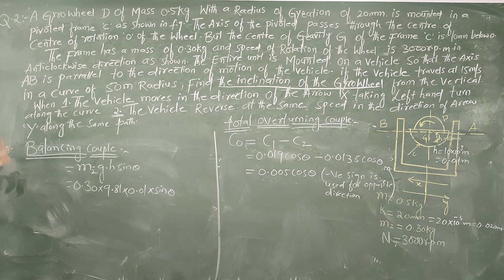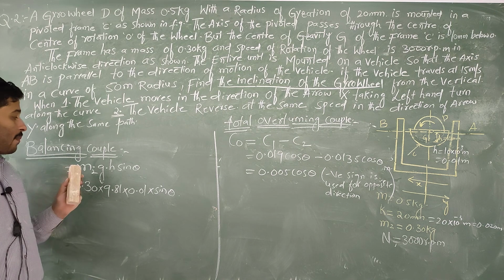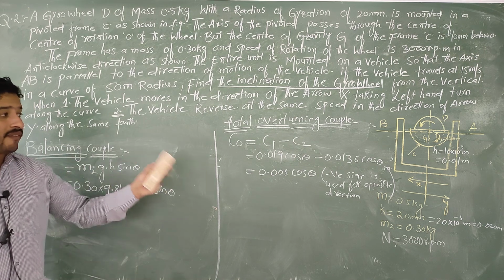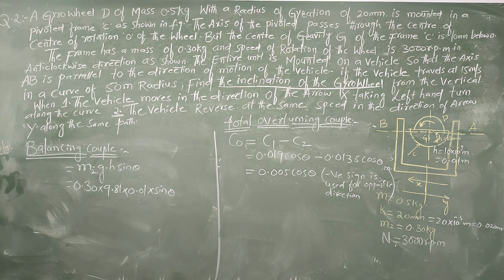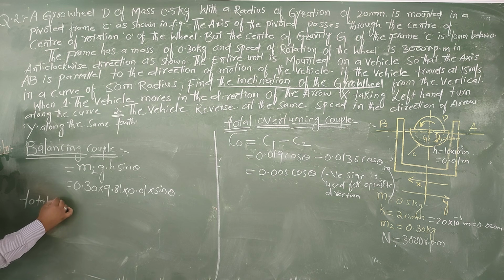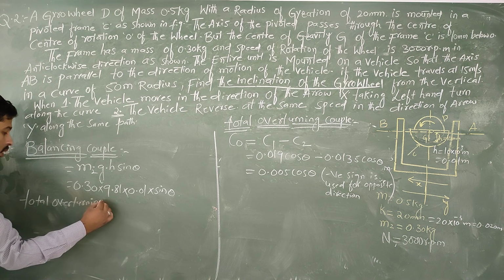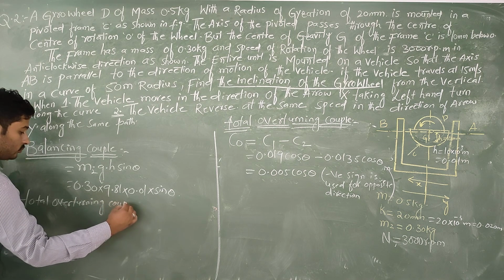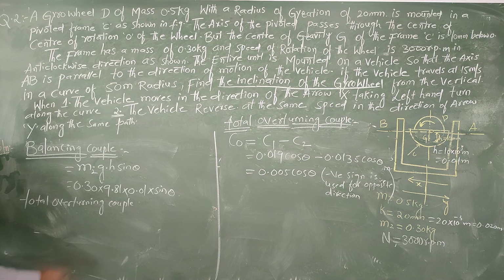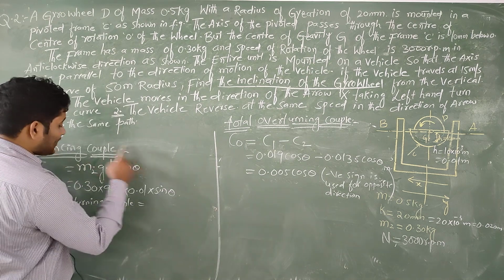We know very well that total overturning couple should be equal to the balancing couple. From that we can easily find the value of theta. So the total overturning couple equal to balancing couple.